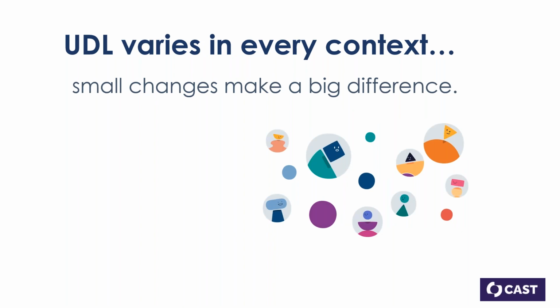And then UDL varies in every context, but small changes make a big difference. So think about how you can use UDL in your daily routine, in what you do, but also think about ways in which you see UDL. So I love to bake. It is kind of my stress relief thing that I do.